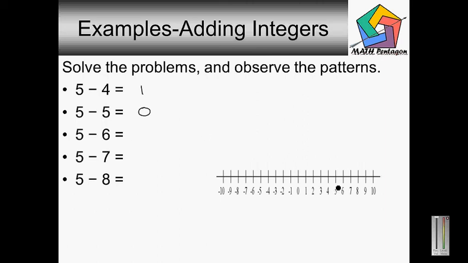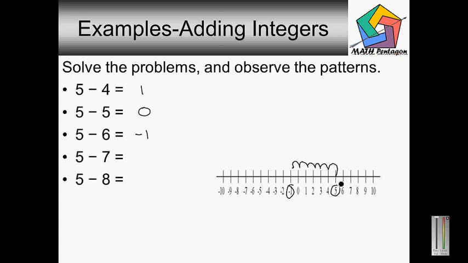Okay, we start out at 5, and we want to move 6 steps to the left because it's telling us minus 6. So we go 6 steps to the left: 1, 2, 3, 4, 5, 6. And we end up at -1, as you can see. So 5 minus 6 equals -1. So that's the answer for that one.